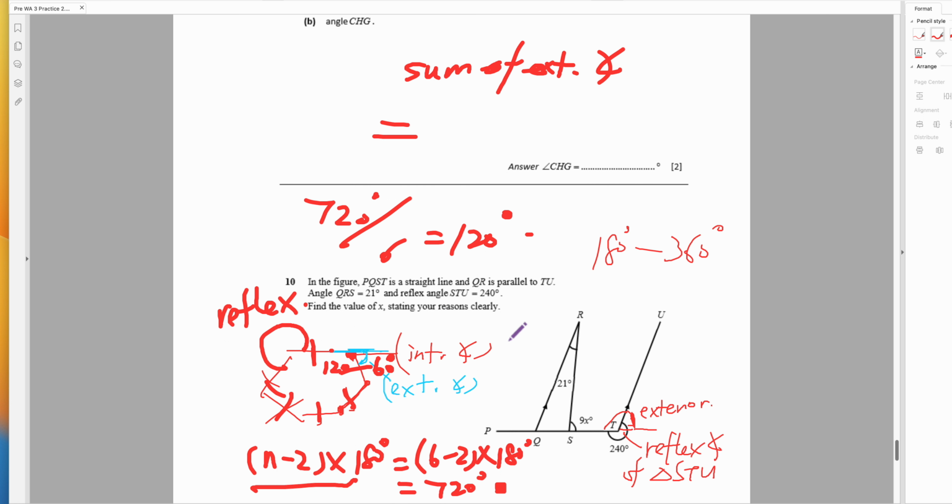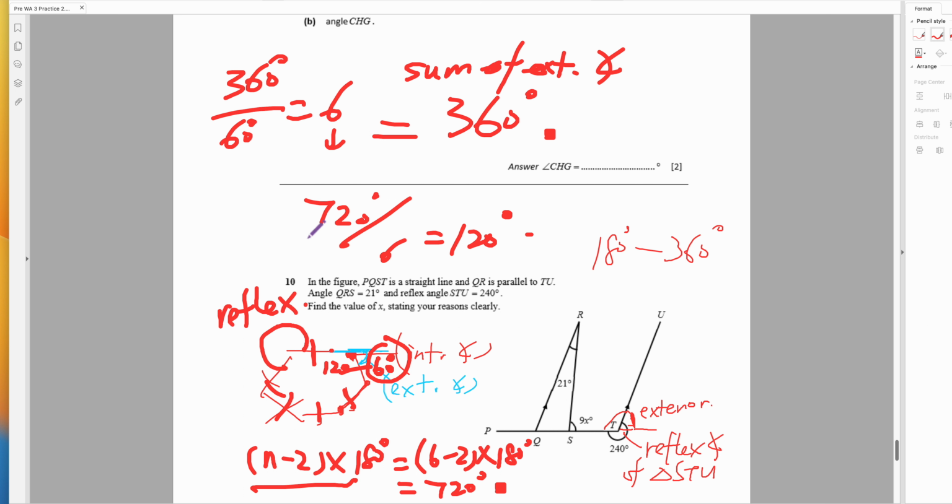Then what is the sum of exterior angles? It's 360. There is no formula, it's just a value, 360. So if the sum of exterior angles is 360 and one of them is 60, this will give you the number of sides also. This can be a very quick way to find the number of sides if you can find the exterior angle.